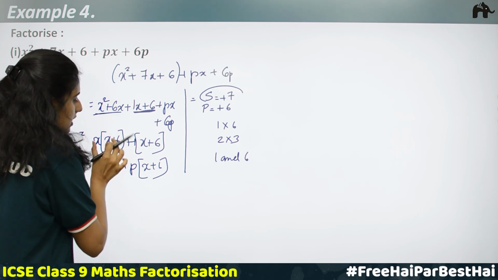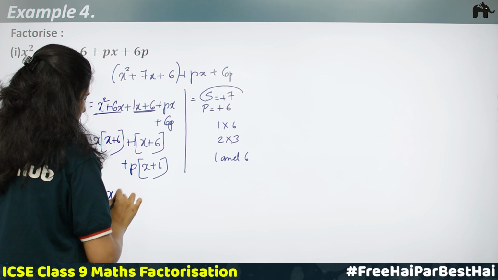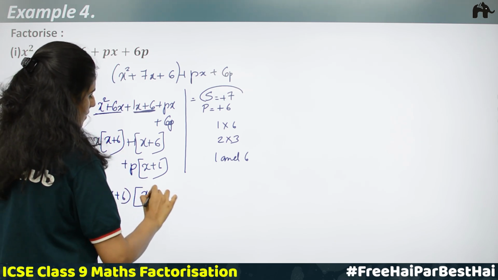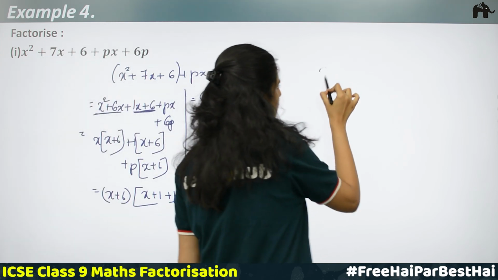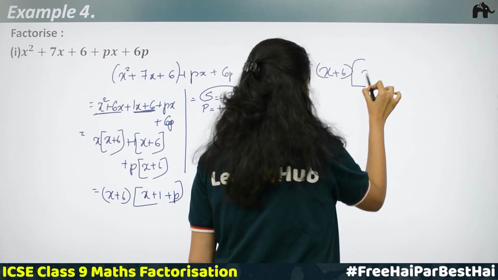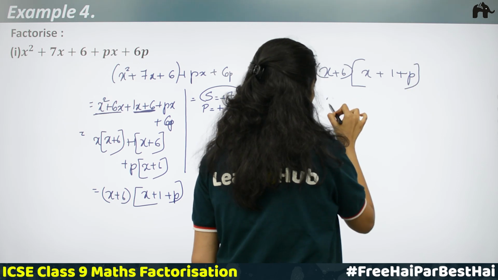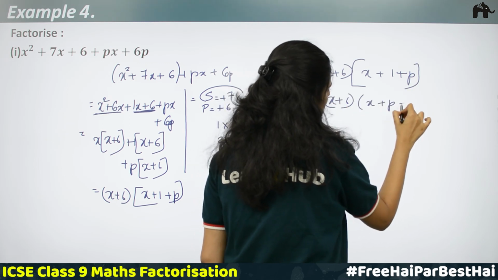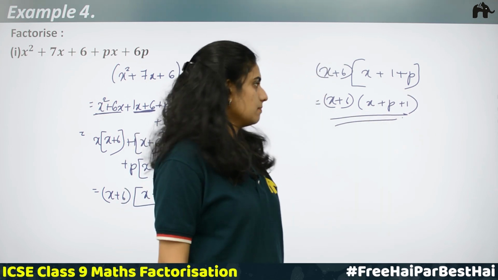So, here when you check these three terms, x plus 6 is common, taking out x plus 6. X plus 6 into, we have x, we have 1, we have p. So, the final answer is the first factor x plus 6 into remaining we have x plus 1 plus p, or x plus 6 into x plus p plus 1. Okay. These two are the factors.